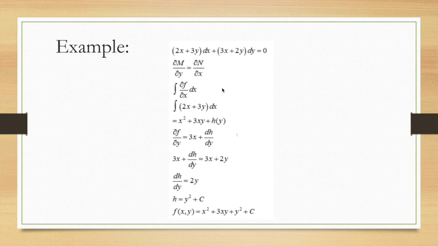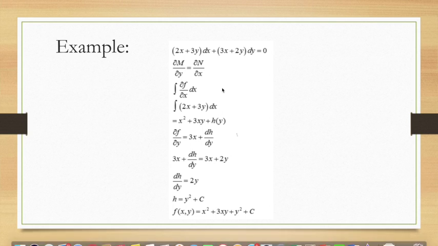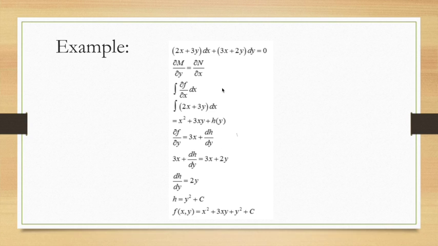Then we get 3x plus dh/dy. Then we notice that the 3x plus dh/dy should be the same as 3x plus 2y. So we know that dh/dy will be equal to 2y.